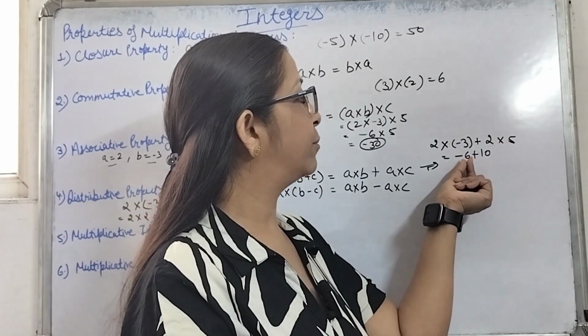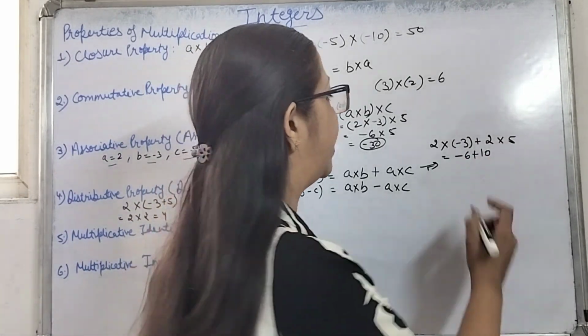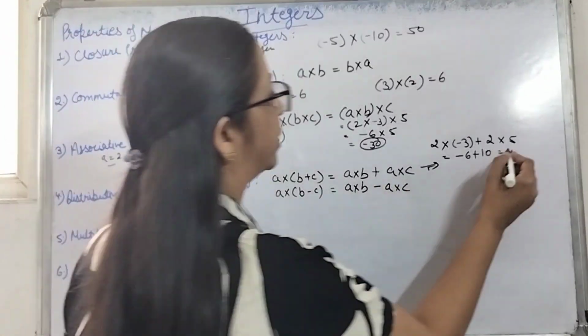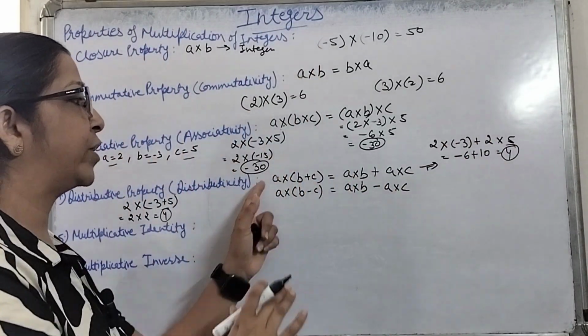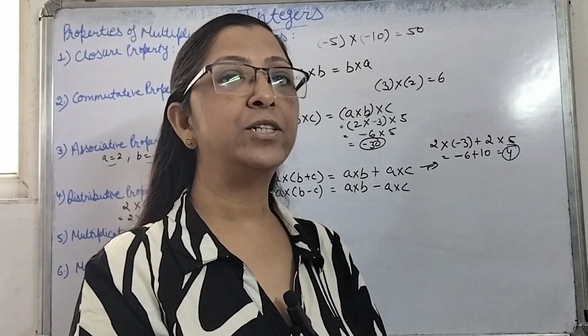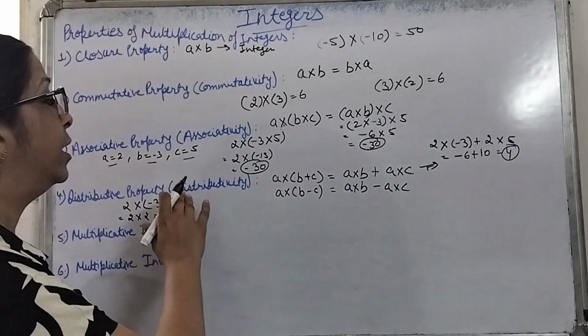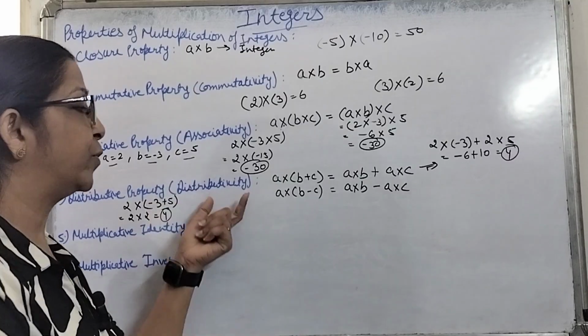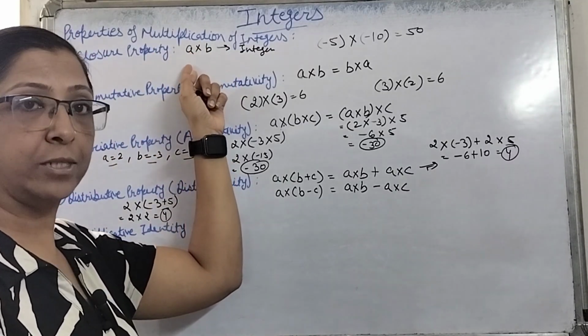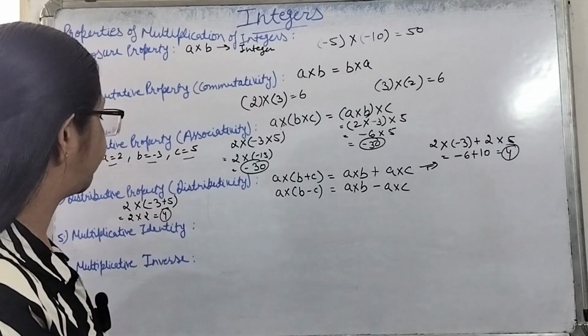Now if we add minus 6 and 10, we get 4. So here also it is 4. So whatsoever the values of a, b, c, the LHS will always be equivalent to the RHS. That means the distributive property is satisfied for the multiplication of integers.